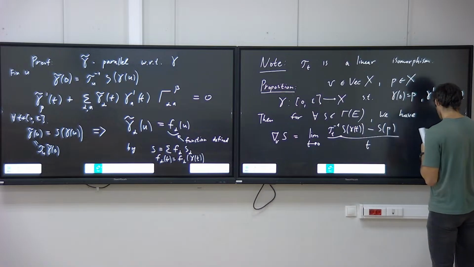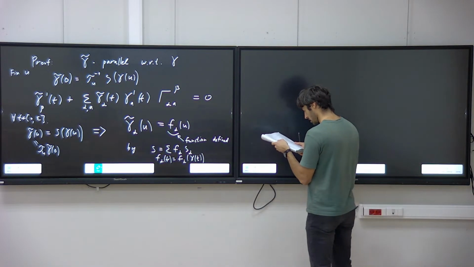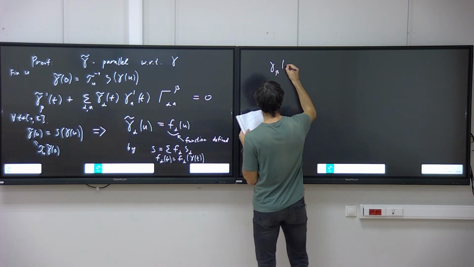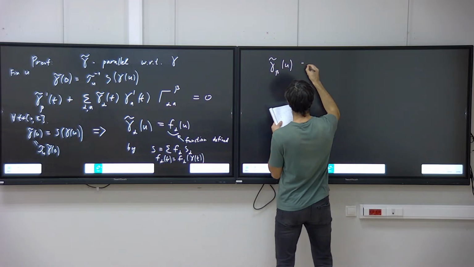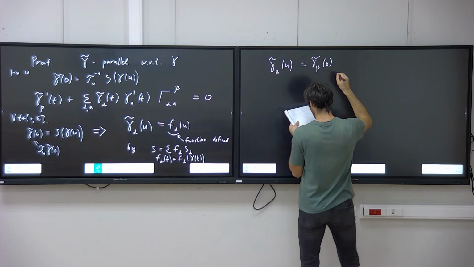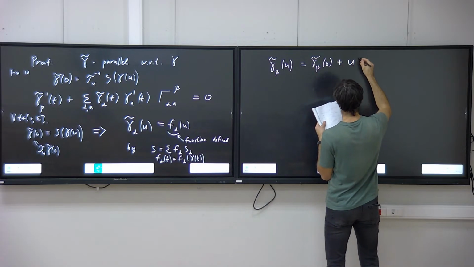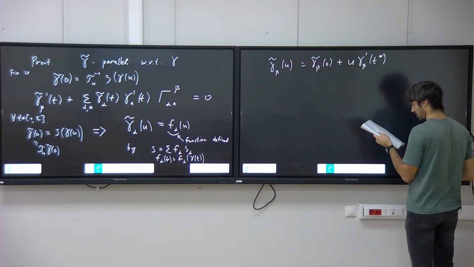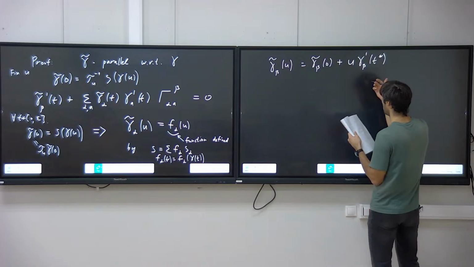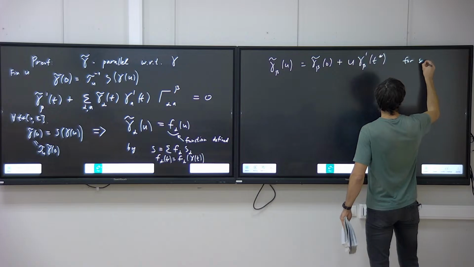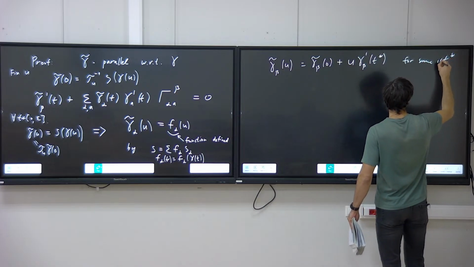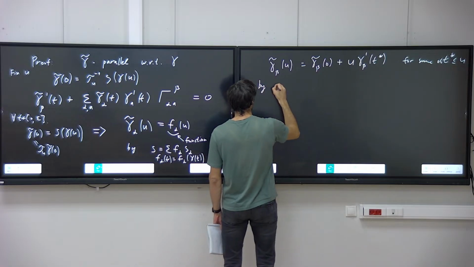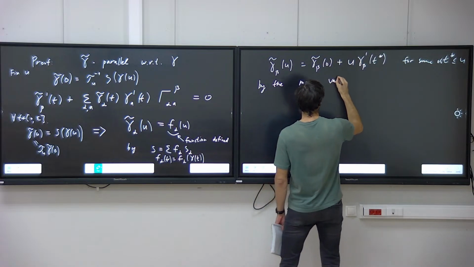Okay, so now let me proceed. Also, by the mean value theorem, I have that gamma tilde beta of u equals gamma tilde beta of 0 plus u gamma tilde beta prime of t star, for some t star between 0 and u, by the mean value theorem.